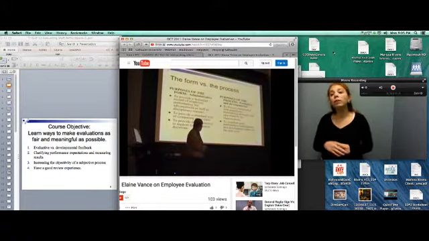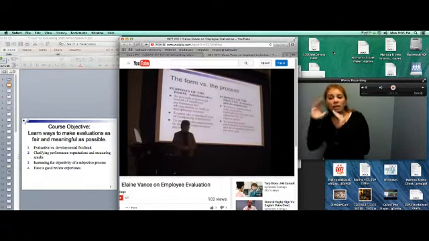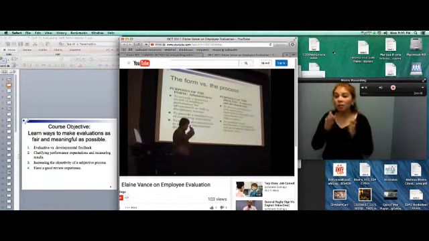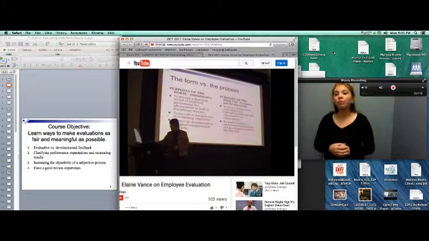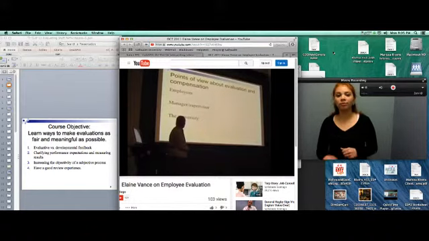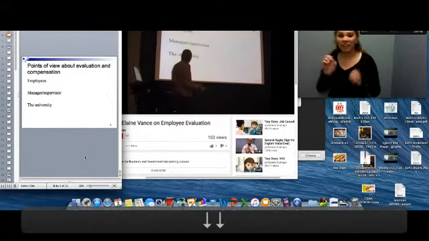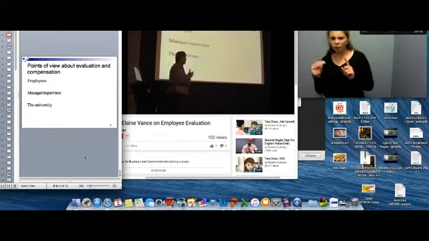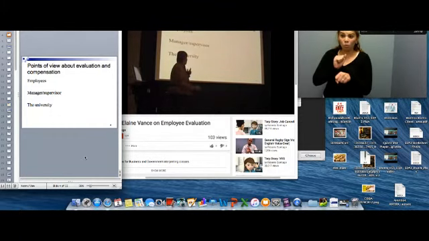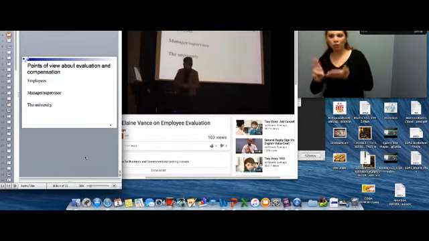And the key part of this is to establish goals and expectations, and develop plans for the next year. Okay, in any evaluation, there's several different points of view. Of course, the employee's point of view, the manager's point of view, and then the university as a whole.